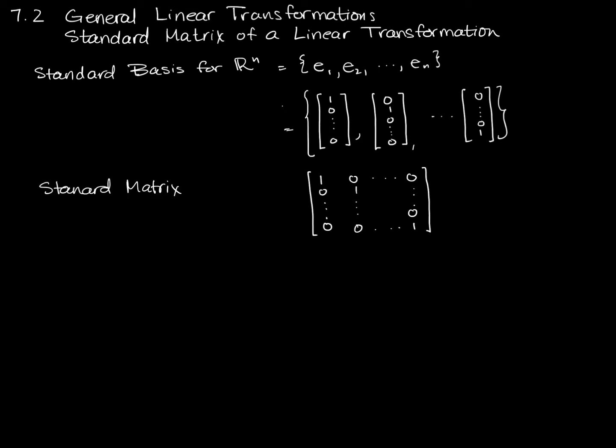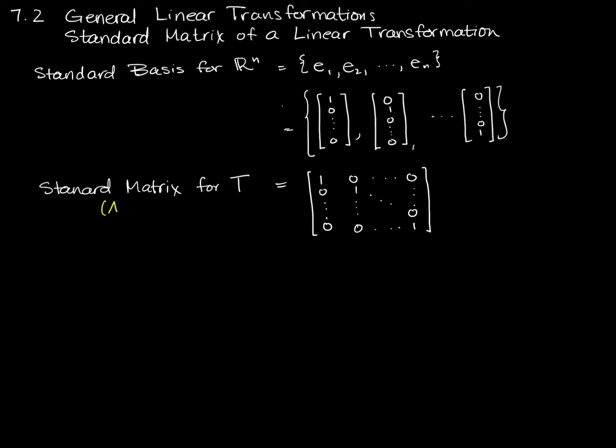Does that look right? I think it is. And what I'm trying to convey here is that the diagonals contain ones, everything else is a zero, right? And so that's the standard matrix, but not for Rn, not for the vector space, but for the transformation T. And this is what we were calling A on the previous screen.